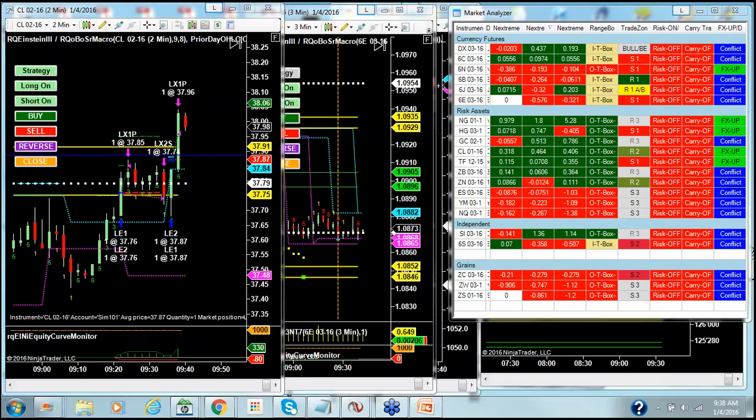The beauty about automation is that in a fast market, even if the other markets are dead, if the market you're looking to trade is fast and things are moving, you don't miss trades. Just like what happened right here.